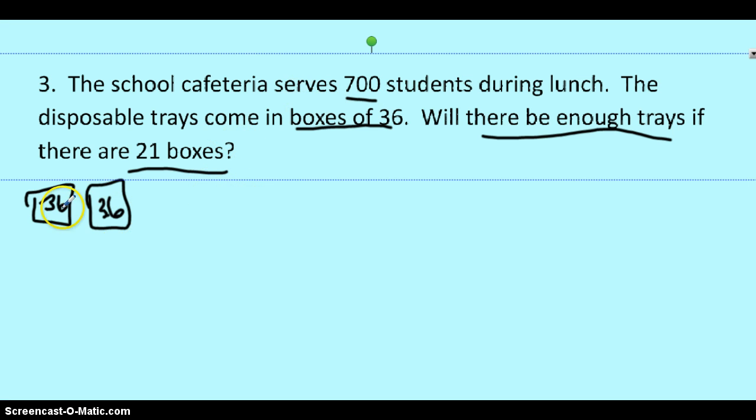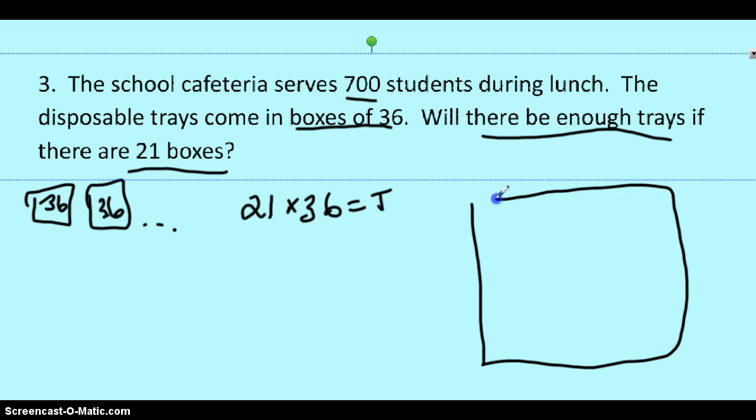We know that that's a multiplication because we're going to have multiple groups of 36. How many groups of 36? We've got 21 boxes of 36, which will give us the number of trays. We did several strategies in class on how to multiply 2-digit by 2-digit. I'm going to use the open array, and I'm going to break 21 into 20 plus 1 more.